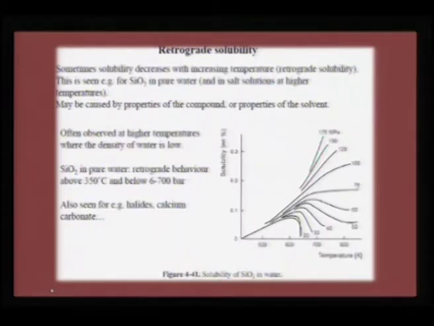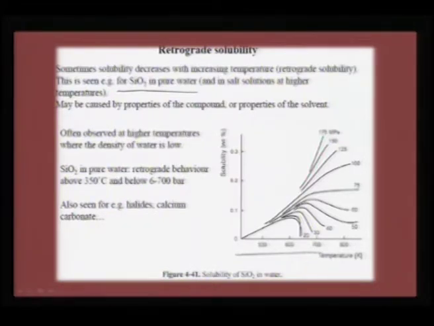There are some problems also where retrograde solubility is encountered, especially if you take the case of silica in pure water, and in some salt solutions at higher temperatures you would see the solubility actually come down. So this also has to be noted.